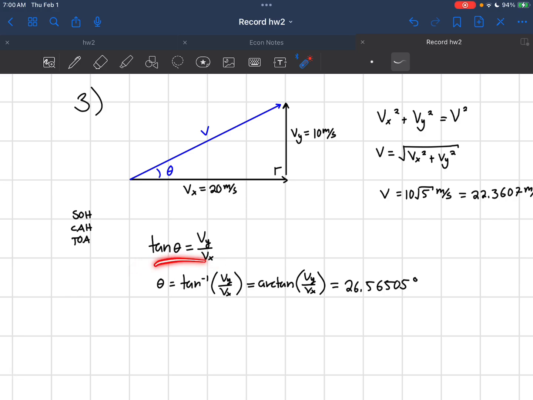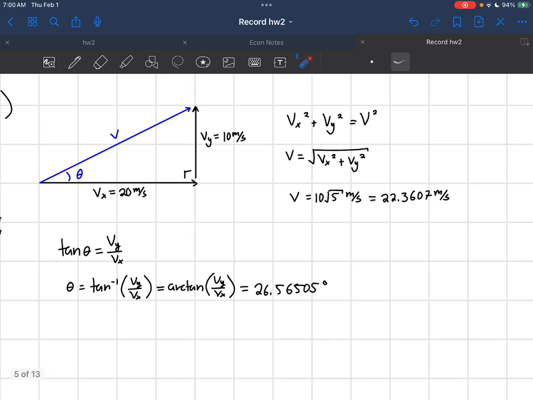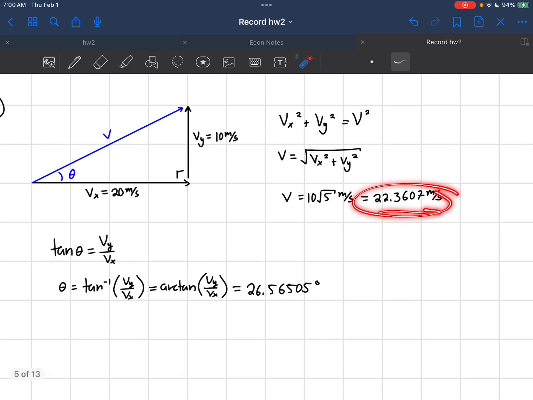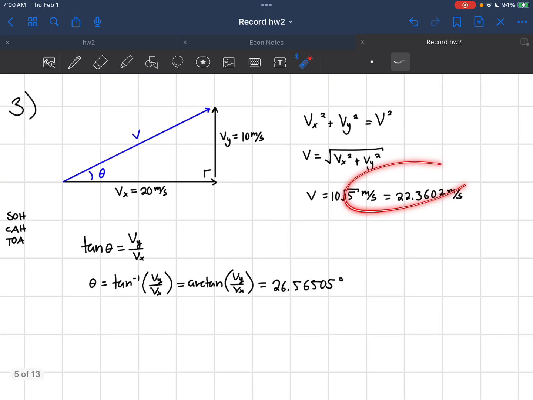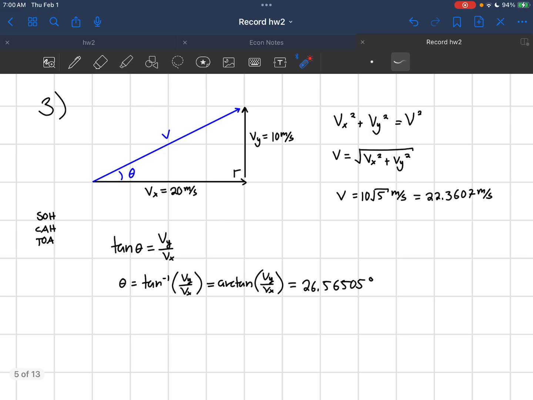Right? I can do tan inverse and have the two values that were given just by the problem statement and use those. I could have used sine, but if I had made any kind of calculation error in calculating my velocity, which I often do, so I may have made a mistake, then that would carry through and would make my theta also incorrect had I used like sine that includes the hypotenuse or cosine that includes the hypotenuse.